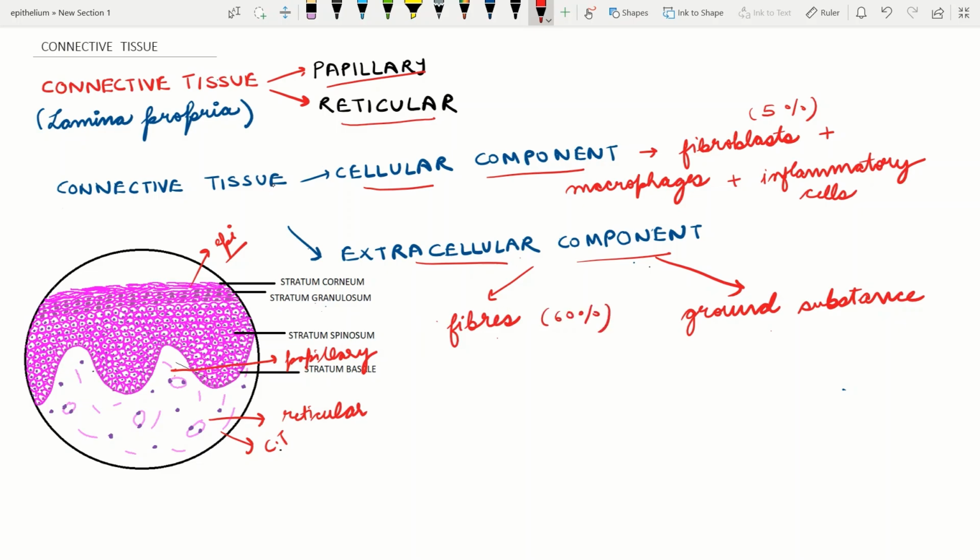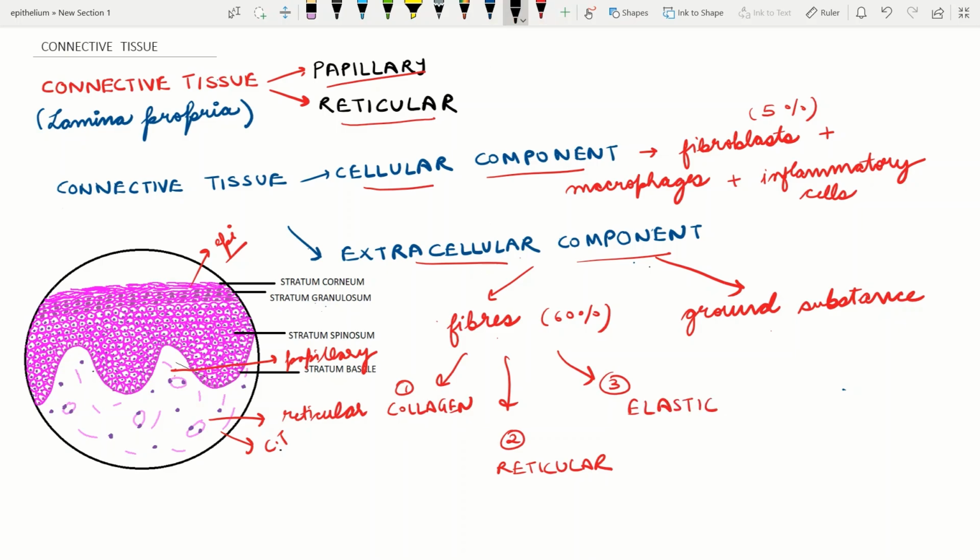Here you will see three types of fibers. What are these three types? That is your collagen fibers, then your reticular fibers, and third your elastic fibers.